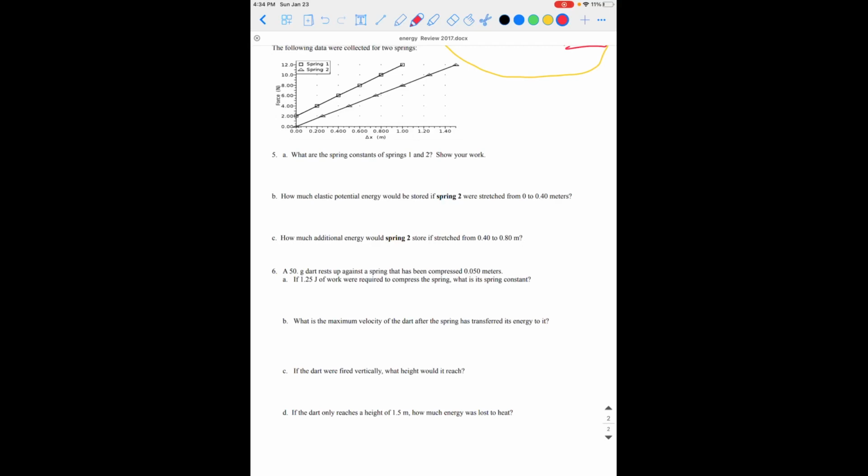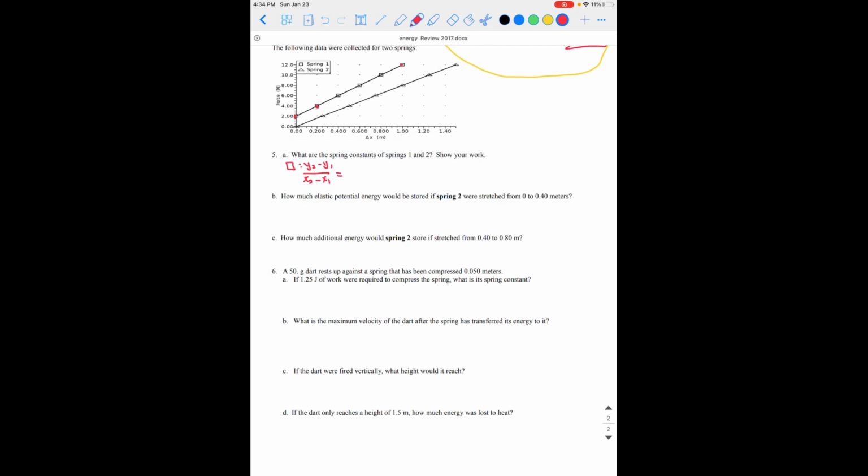First thing you want to notice, it doesn't start at 0, 0. So you can't just figure out where it is at 1 and assume that's the rise over run. What you would want to do in this case is choose 2 points and do rise over run. If I choose these 2 points, I can do y2 minus y1 over x2 minus x1.